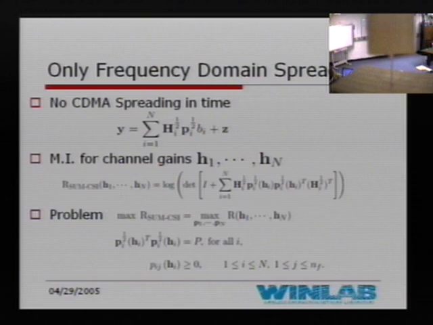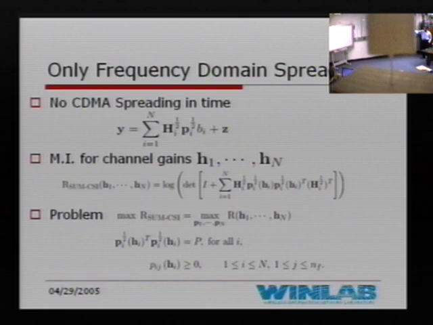And the other subcase would be not to spread in time at all, but just consider along frequencies. So I have only frequency domain spreading. This is what my model is. Again, I'm considering the MMI maximization problem, that is, I'm given instances of these channel gains.